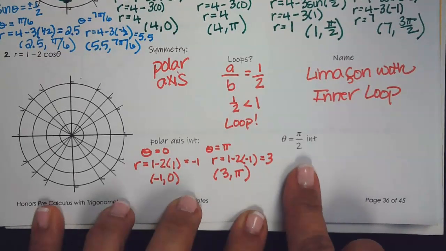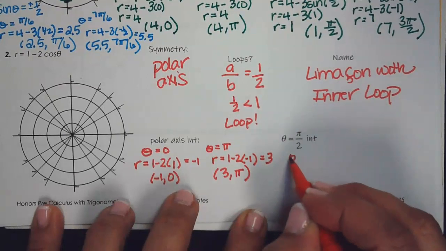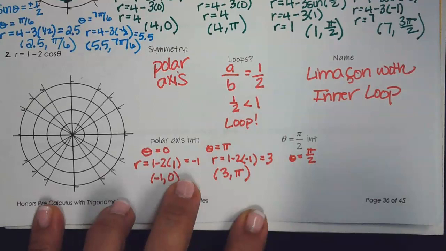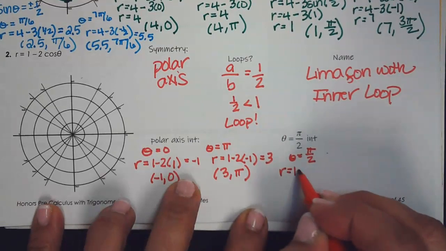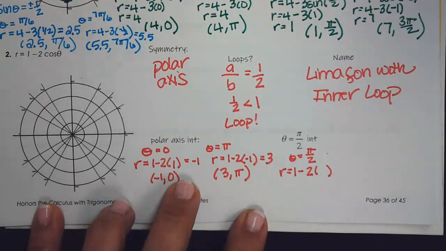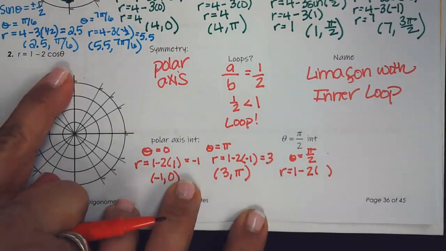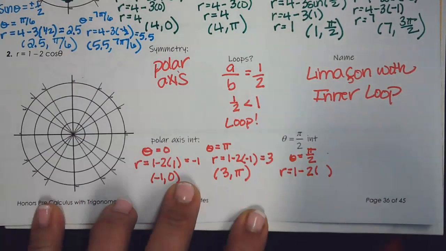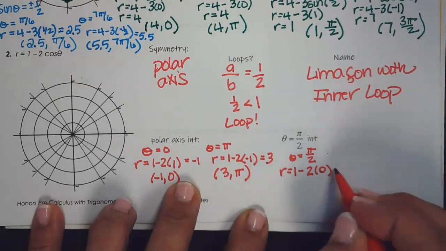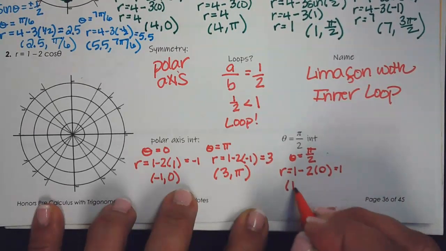As far as the theta equals pi over 2 intercepts, we can see what happens when theta equals pi over 2. So that means I'm going to have r equals 1 minus 2 times the cosine of pi over 2. And what's the cosine of pi over 2? 0. So that's just going to be r equals 1.